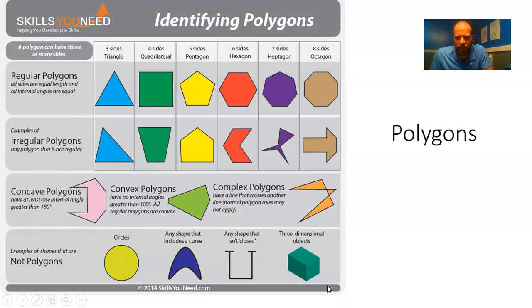And then these are all examples of things that are not considered polygons. So circles are not polygons. Anything that has curves in it cannot be classified as a polygon. Anything that's open, like this smiley face guy right here, not a polygon. And anything three-dimensional is not a polygon because it has to be two-dimensional.